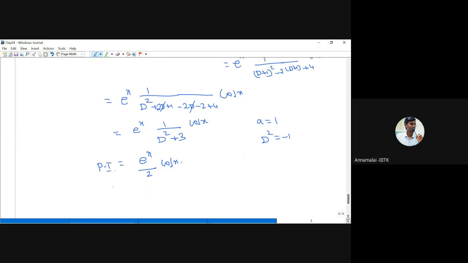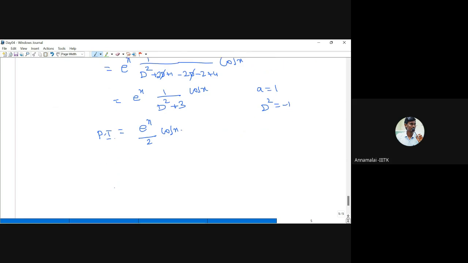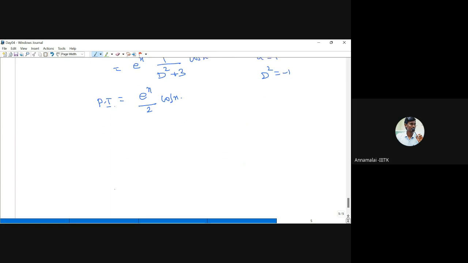Now, the next case is, suppose X is any function of x. Okay. The fifth case, case 5.